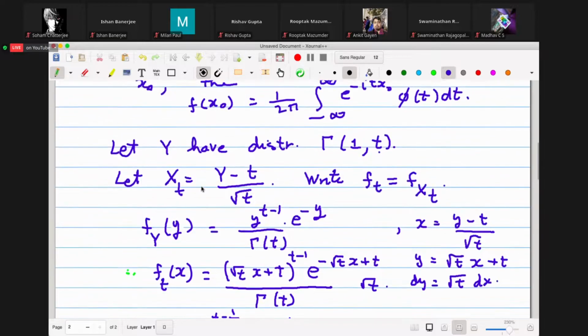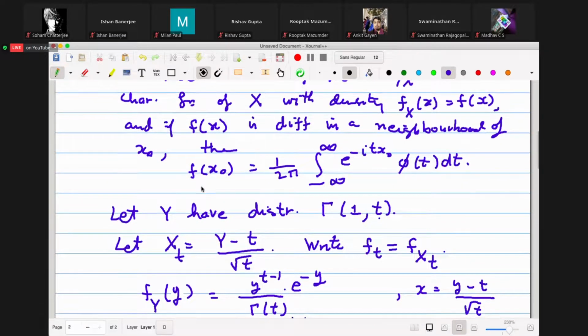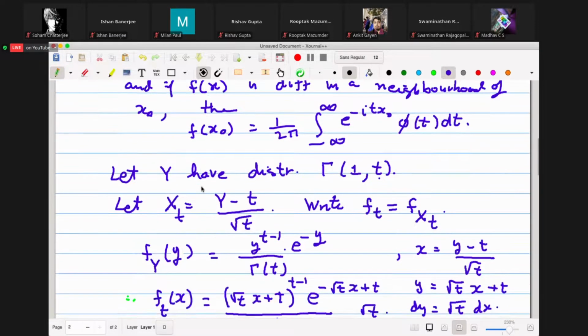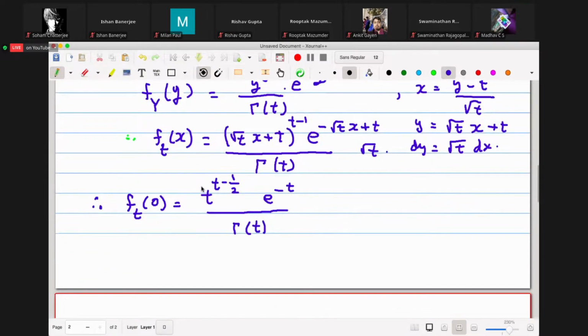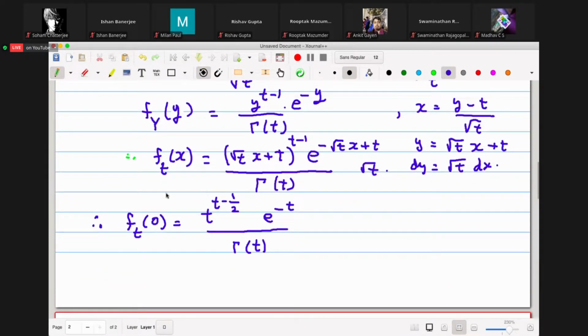So when can you apply? Only if the function is differentiable in a neighborhood of 0. And mind you, t is a constant in this function. So there's some square root of t, all those things are involved, but it's a constant in a neighborhood of 0. Well, I mean, x plus t whole power t minus 1 in a neighborhood of this one.